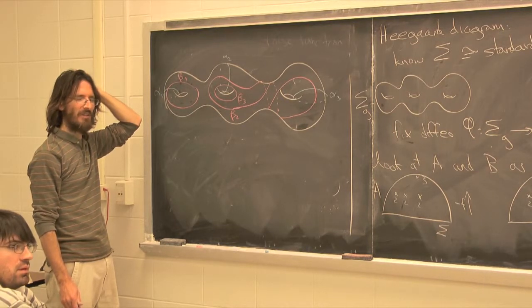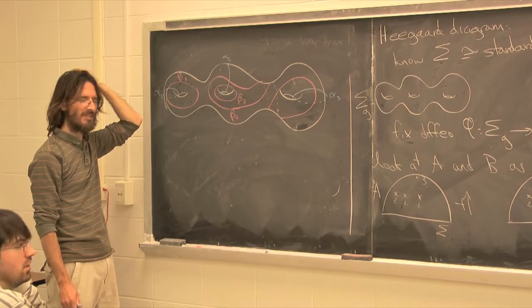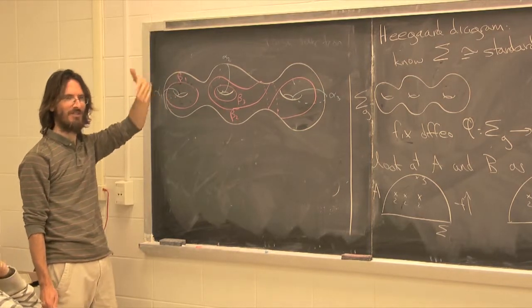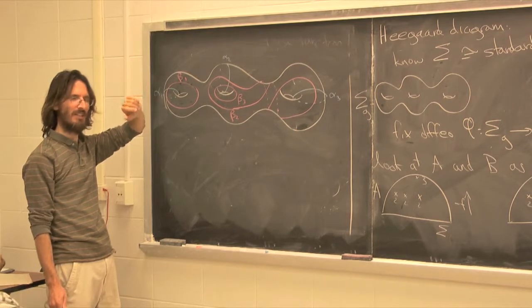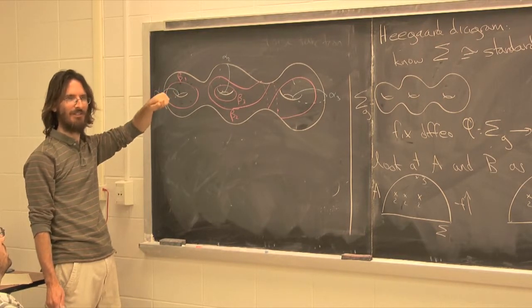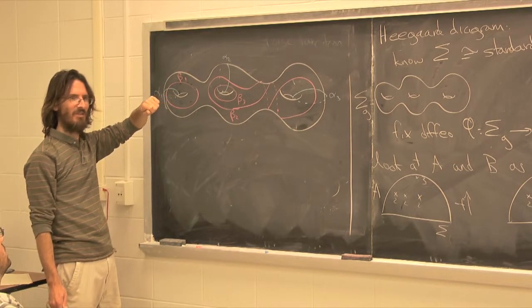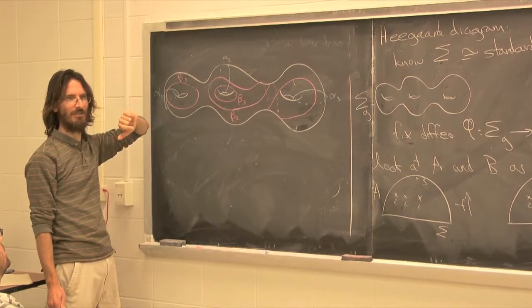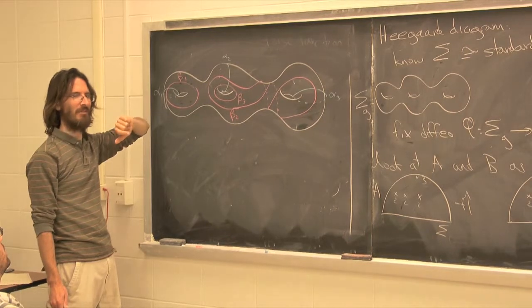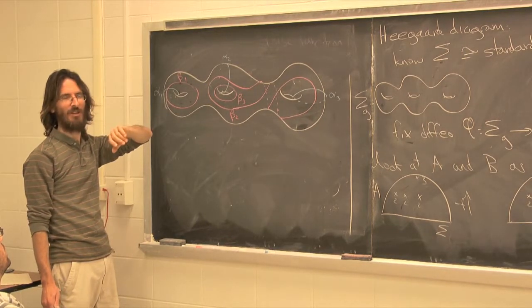So I think the question is whether, in some settings where you have to compute some invariants using these things, you switch all alphas with betas. If you just relabel the alphas as betas and the betas as alphas, the worst case scenario I can imagine is that it corresponds to reversing the orientation of the manifold. I don't know Heegaard Floer theory well enough to know whether that works.